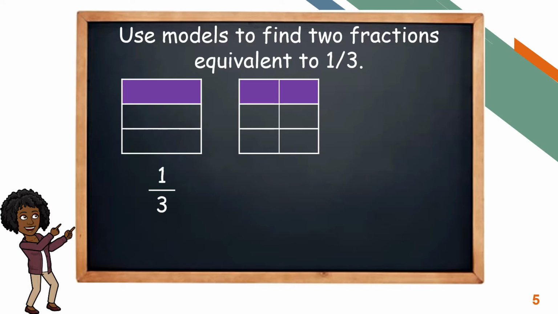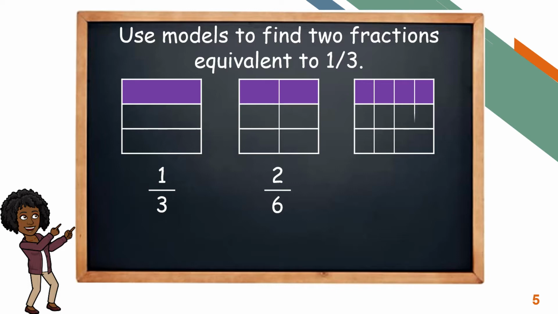The second model is divided into 6 equal parts, and 2 parts are shaded, so the second model shows 2/6. Since the model of 2/6 has the same area of the whole shaded as the model of 1/3, 2/6 is equivalent to 1/3. Next, add 2 more vertical lines to the model so that it is divided into 12 equal parts, but the same area of the whole is shaded.